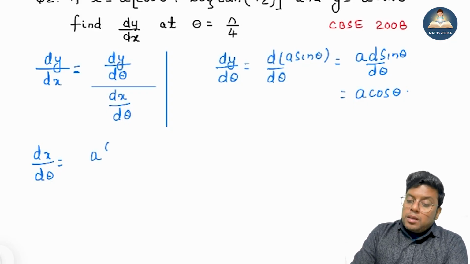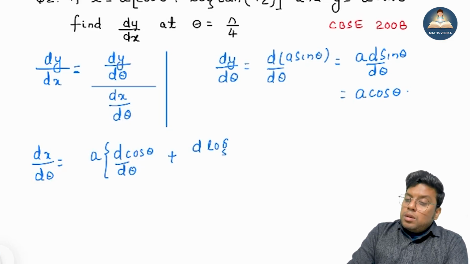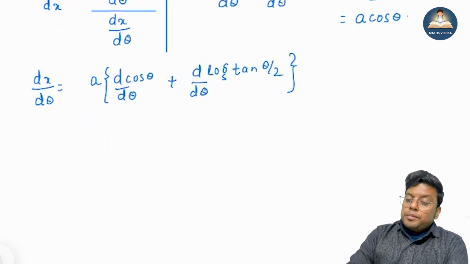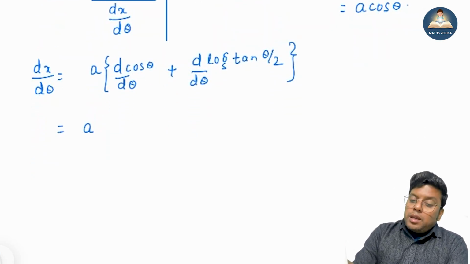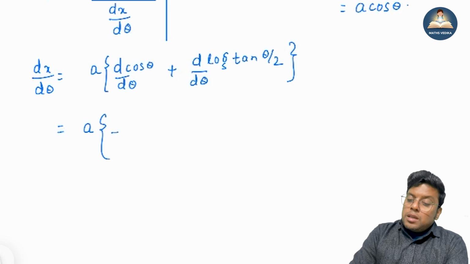So a into differentiation of cos theta with respect to theta plus differentiation of log of tan theta by 2 with respect to theta. Okay, so here a, differentiation of cos theta is minus sin theta.